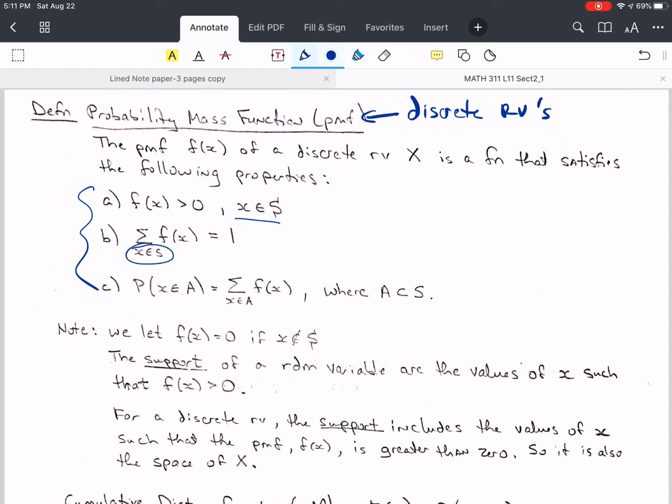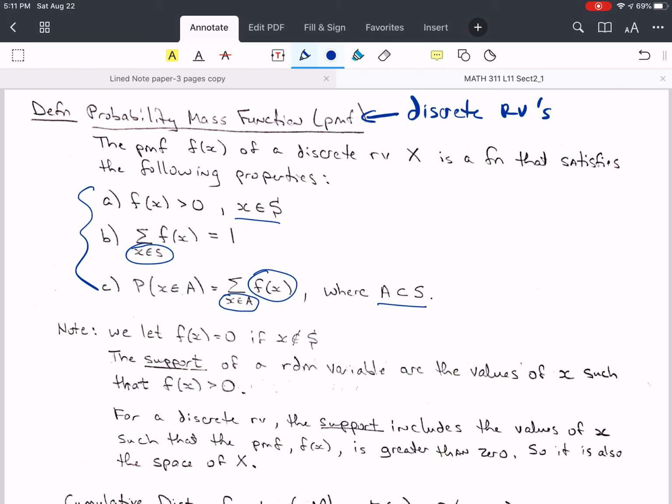So the total probability is equal to 1. And then the probability that X is in A, for some subset A of S, is simply equal to the sum of f of x for the x that are in A. So think about that.